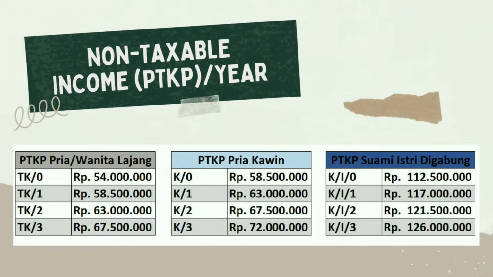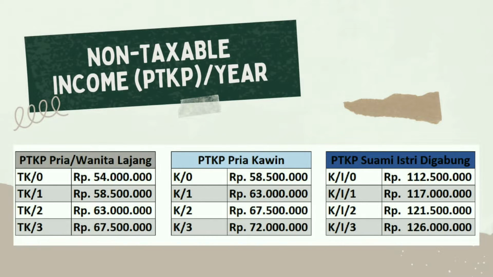Furthermore, for husband and wife PTKP combined, here it means that the wife has income, which means she has her own income apart from her husband. So here it is calculated each by counting one individual who is married, wife or K1, who earns, with zero dependents.